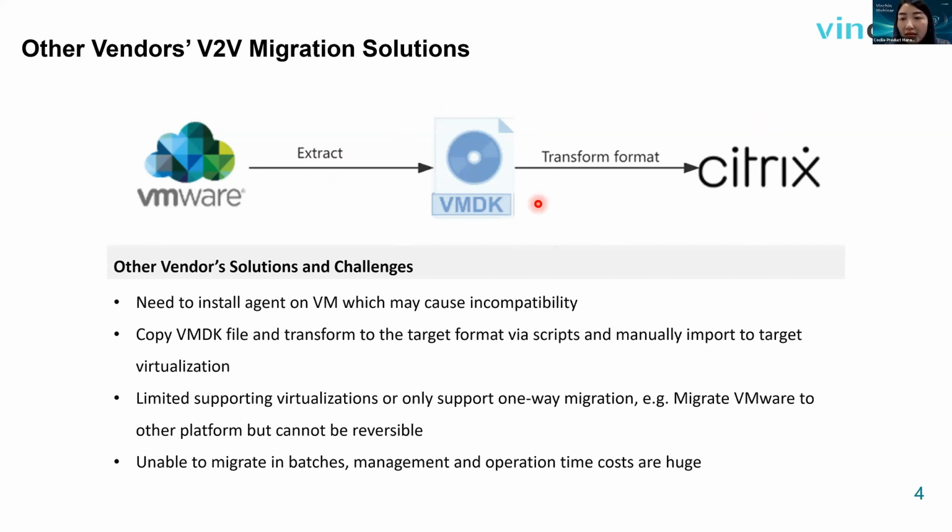This method has some limitations, such as the migration can only be performed in one direction but cannot be performed bidirectionally. It is not very flexible, and the administrator cannot do it in batches. Each time, the exporting and conversion could be a very long process, which consumes a lot of time and manpower.